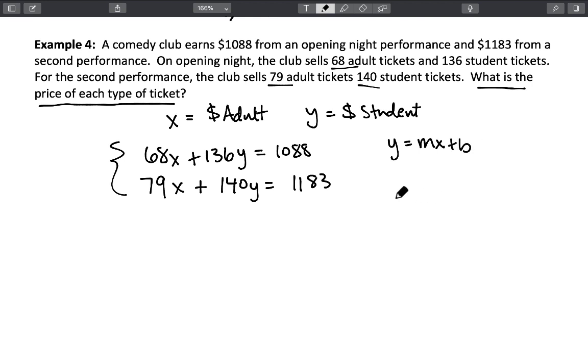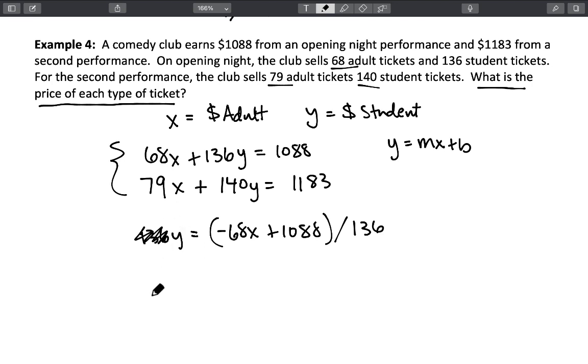To do that, we're going to subtract over our 68x, so we get 136y equals negative 68x plus 1,088. And then we're going to divide off that 136. So I'm going to put this in parentheses and a division symbol with 136 there at the end. That's going to give me my first equation for opening night.